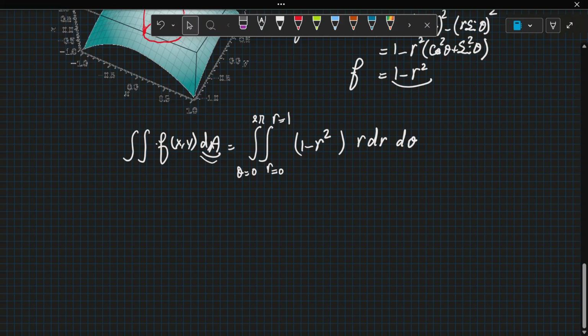We learned in the lecture a while back that if your function separates into r and theta, you can perform the integral very conveniently.